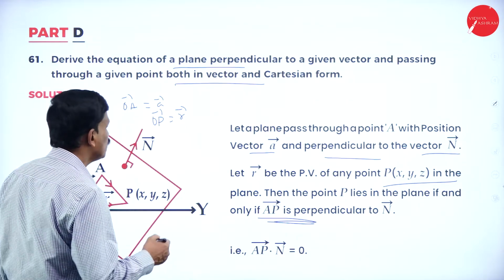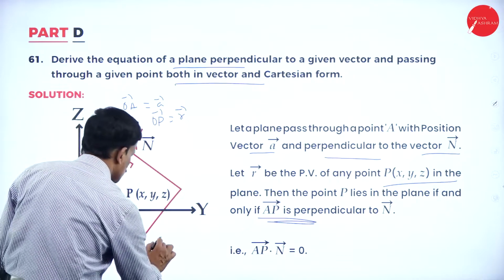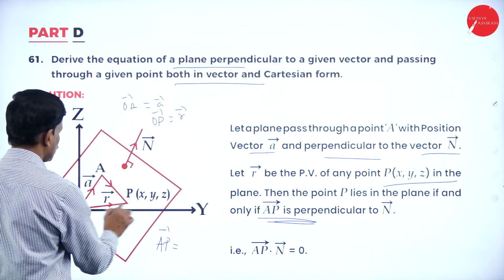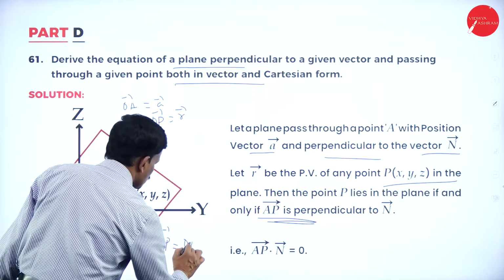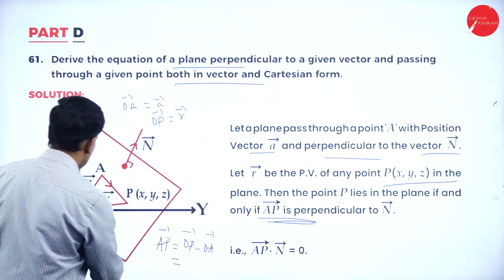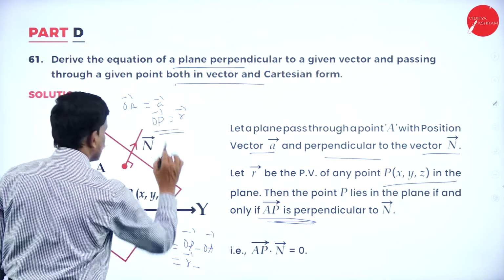Now what is AP? From the figure, vector AP can be written as OP minus OA vector. Now what is OP? OP is equal to vector R, and what is OA vector?